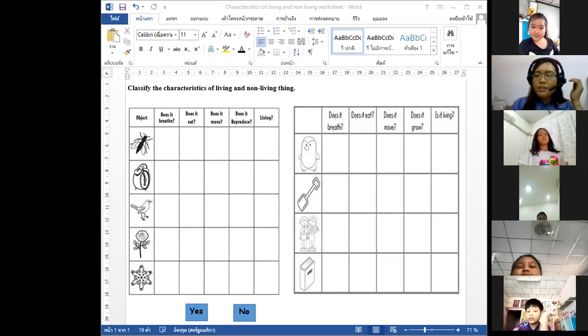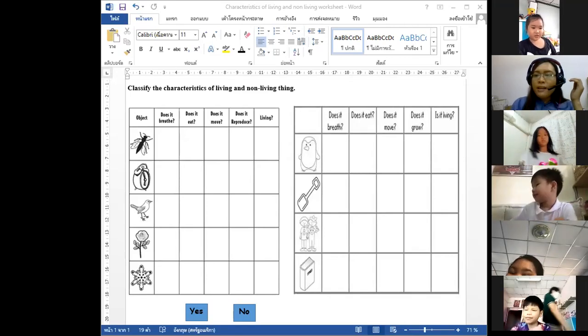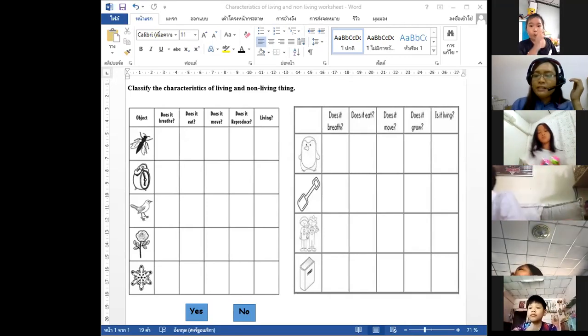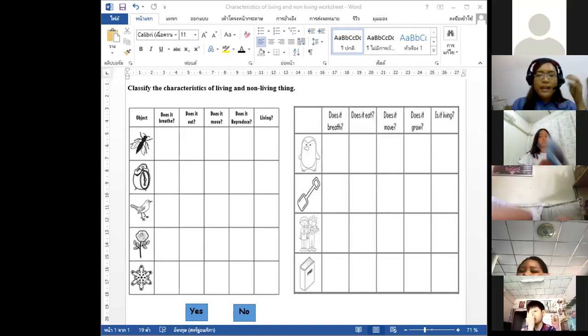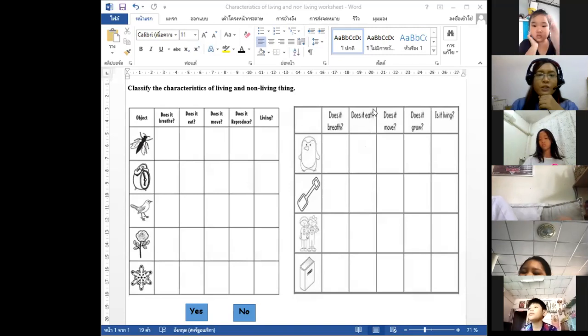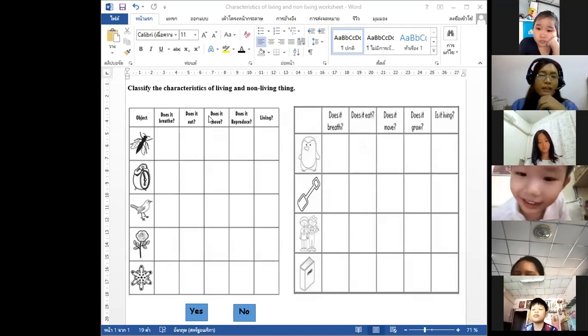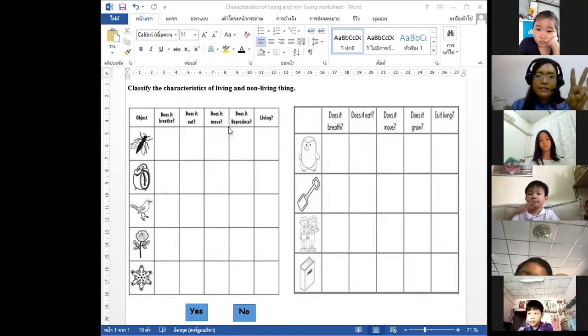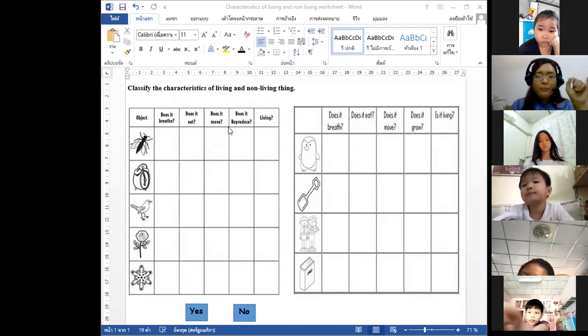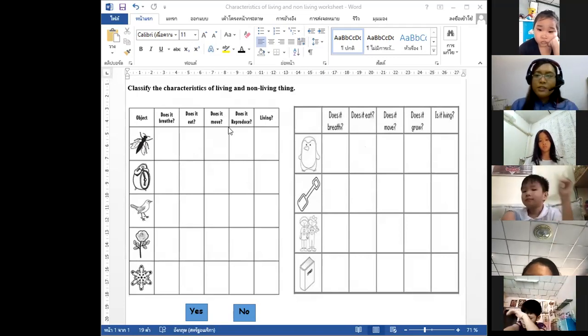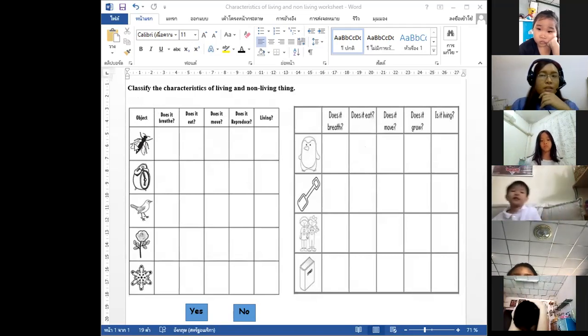Okay, let's try. All right, I want everybody to turn off your microphone, please. I want everybody to pay attention with this worksheet. So I have 2 worksheets. All we have to do is to put yes or no, okay? So follow this arrow.